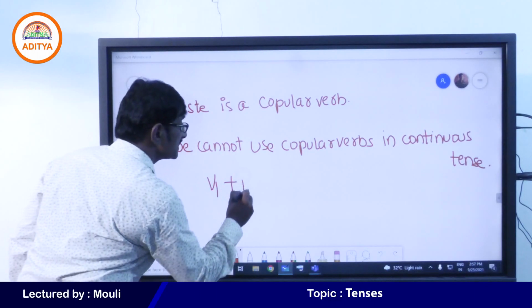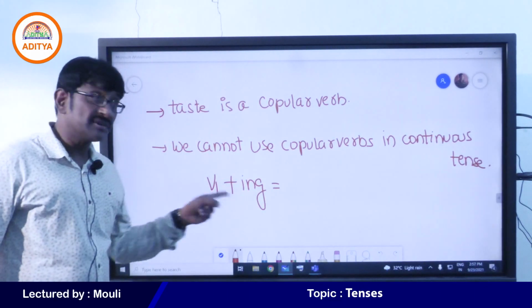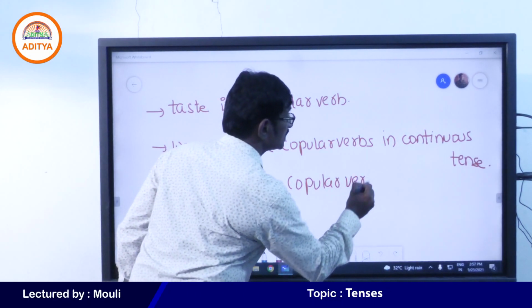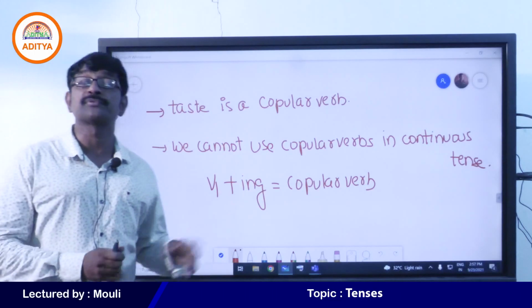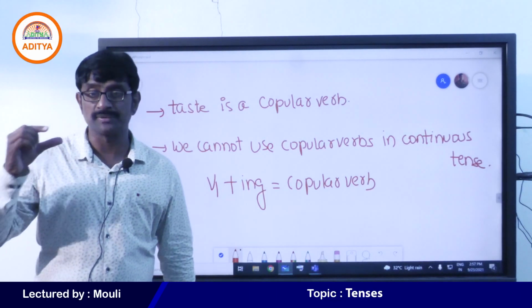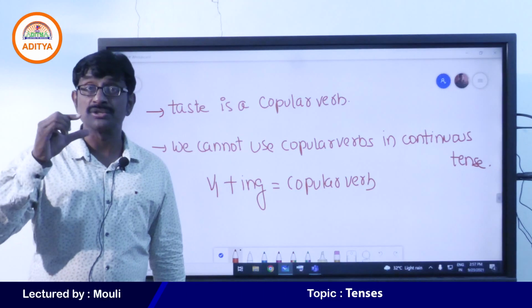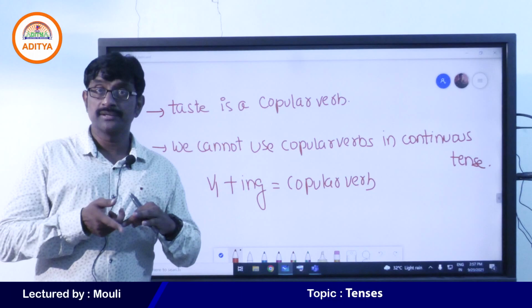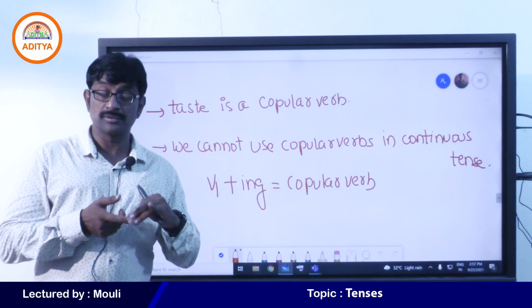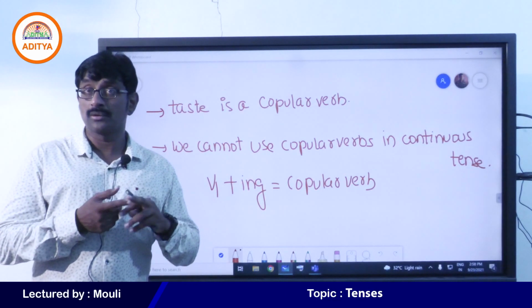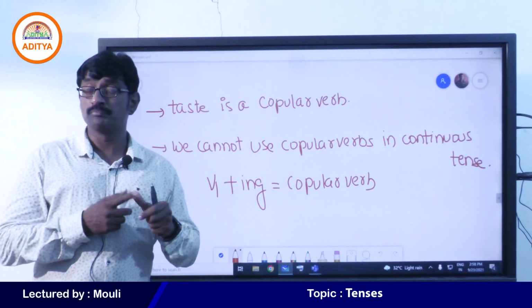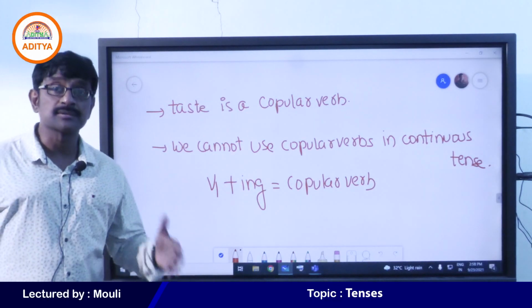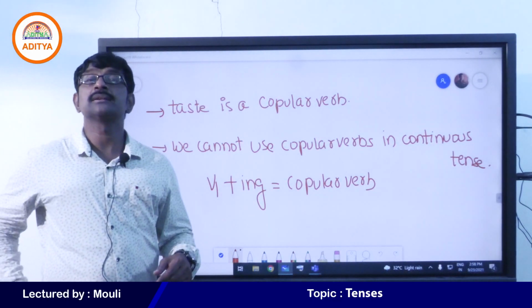V1 plus ing form is a copular verb. Okay students, I gave you the list of copular verbs in present continuous tense, like taste, smell, see, hear, remember, forget, like, love, hate, own, belong, have, all this. Consider, describe, all this. All these are copular verbs.